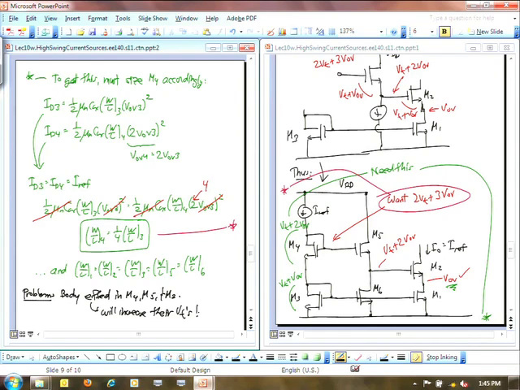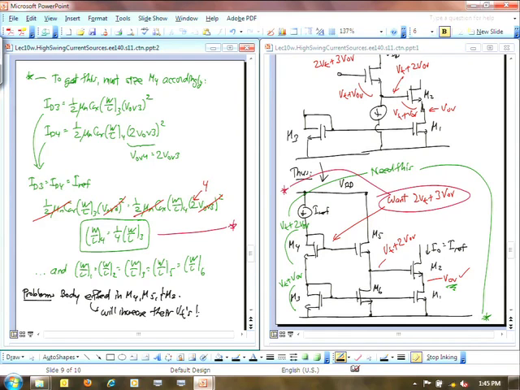So what that's going to put at the top here is this voltage being equal to VT3 plus VT4 plus essentially 3 overdrive voltages. Now I'm taking into account that my VTs are not necessarily all equal, so I'm putting their subscripts there for all of these.